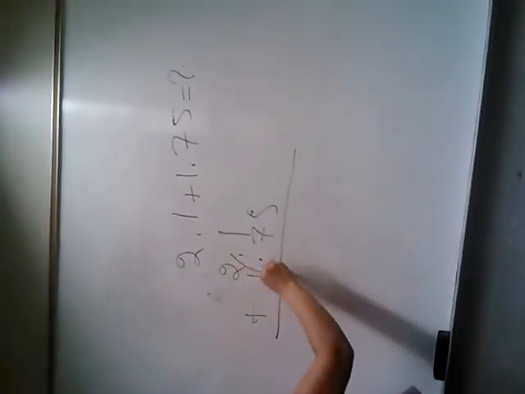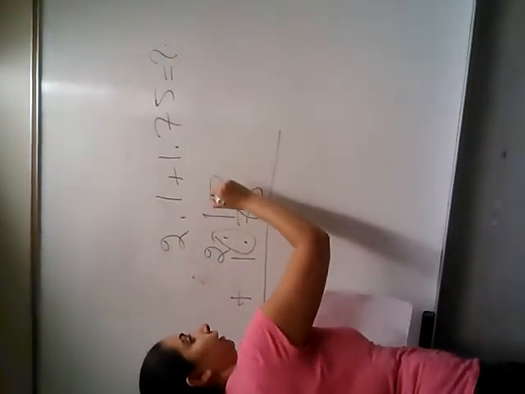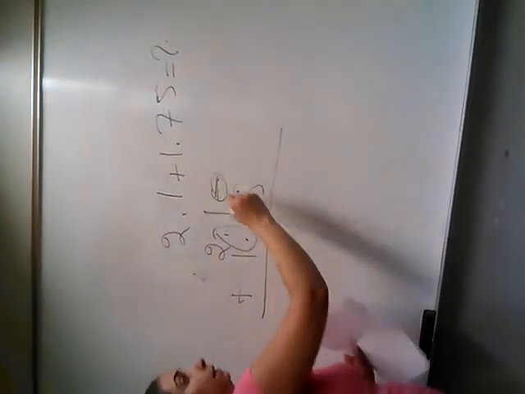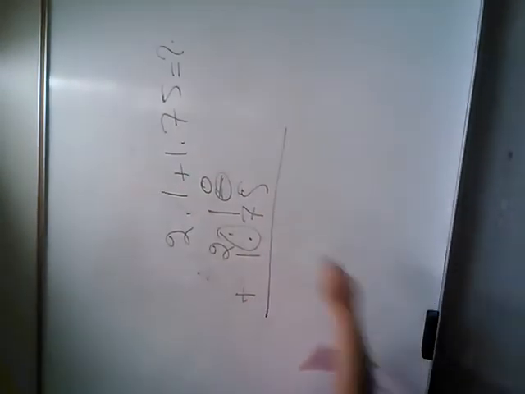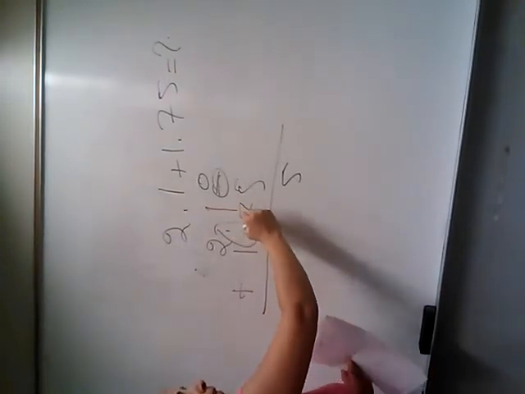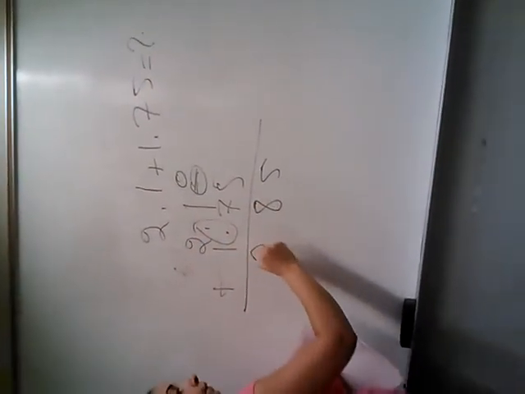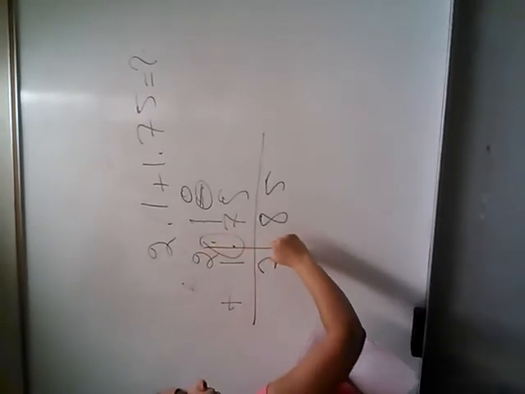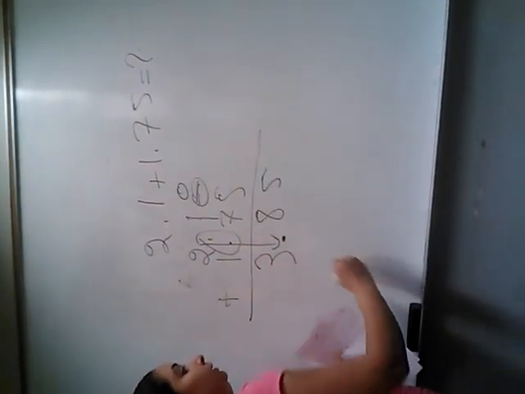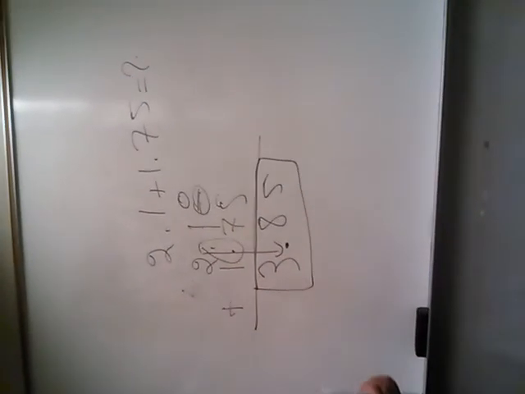The dots are under each other. So we're going to add them. Here we don't have any number, that means it's 0. So 0 plus 5 is 5. 1 plus 7 is 8. 2 plus 1 is 3, and we drop the dot. So it's going to be 3.85. Any question?